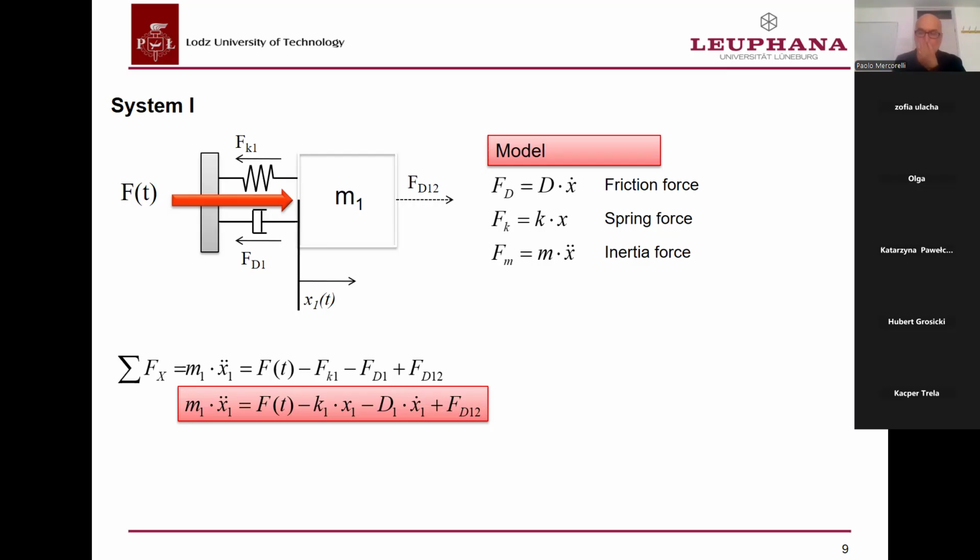The friction model could also include, why not, a parameter which multiplies the velocity squared, multiplied by a particular function, which is the sign of the velocity, in order to maintain the direction against the movement. Also, the spring could be a more complicated model, not necessarily a linear model.